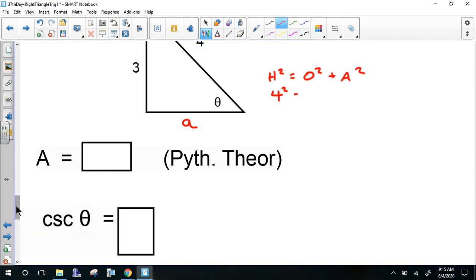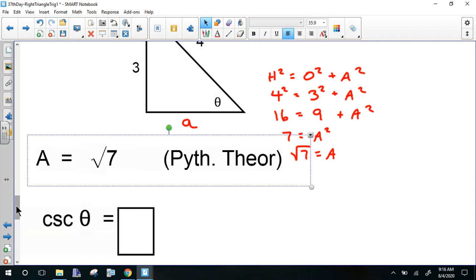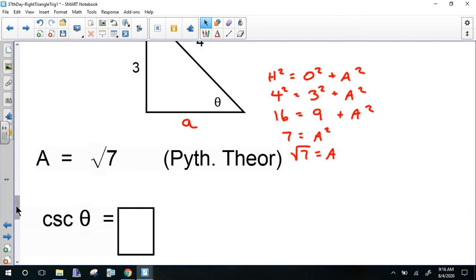Hypotenuse is 4, opposite is 3, and I need the adjacent. So 16, 9, subtract 9 from 16, and I get 7. Take the square root. I get square root of 7 for the adjacent.